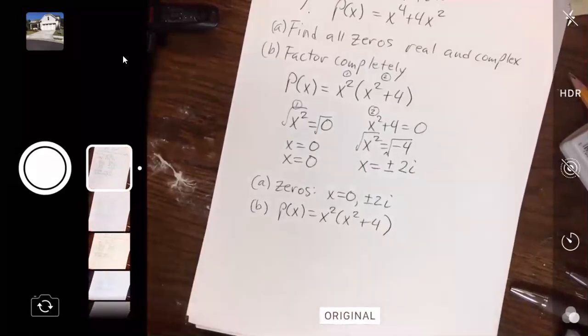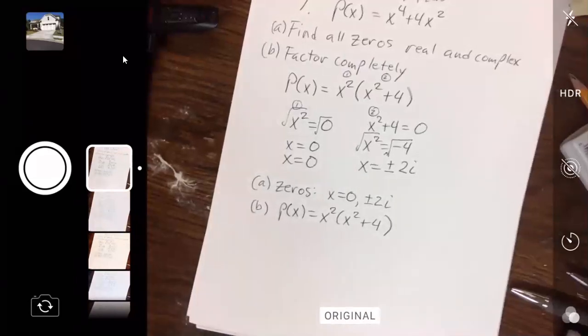Questions about this? Most of the ones on this page can pretty much be factored if you know you're factoring.